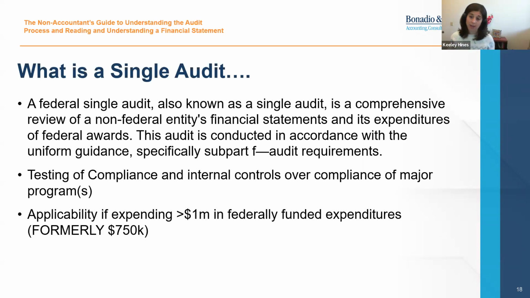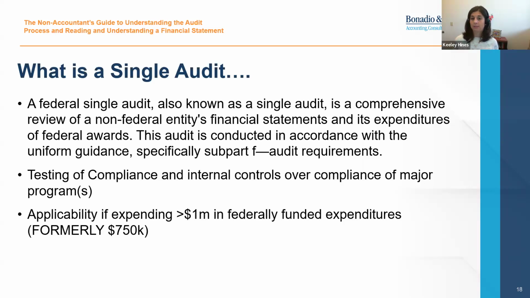Then when going through that single audit, what can you expect from that, right? Because I'm telling you, now your auditor is going to do a little bit more work because of this single audit requirement. So in very simple terms, it's twofold. They have to test for compliance and then the effectiveness of your internal controls. Why is that?